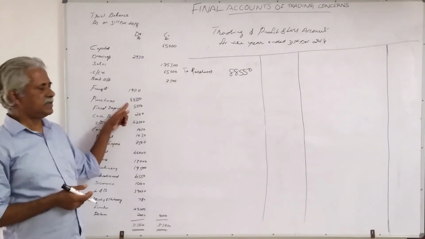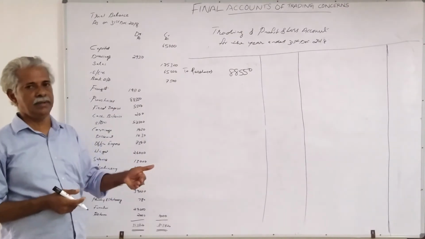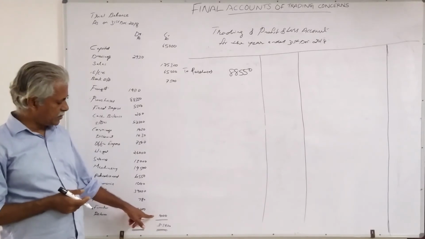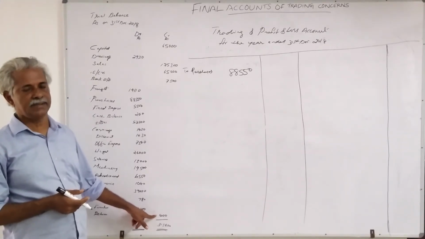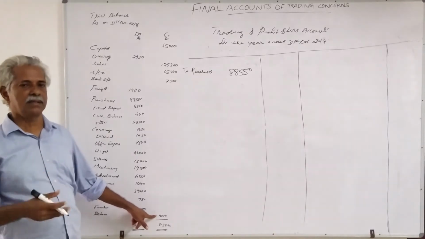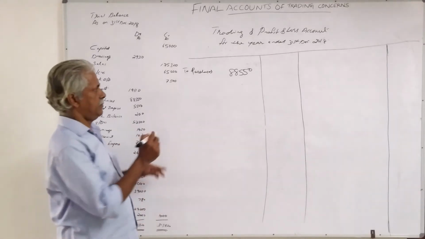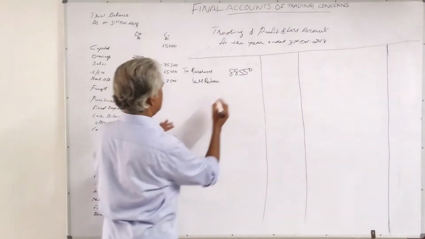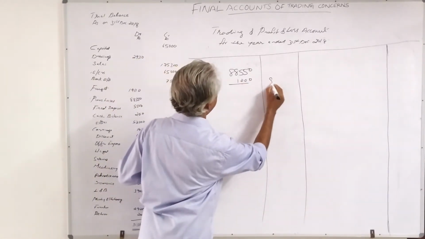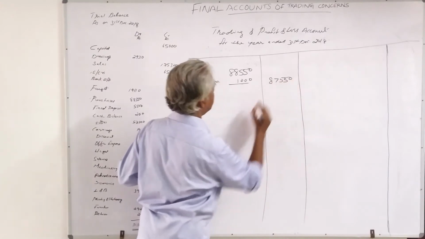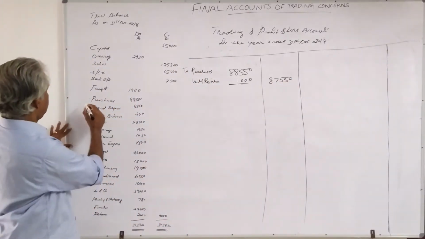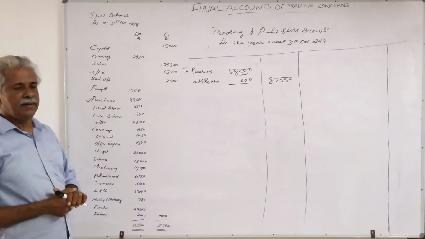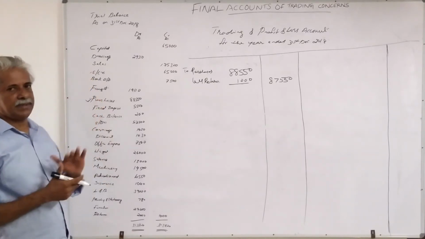If so, purchases returns is in the opposite direction. That means it will show a credit balance. Hence, rupees 1,000 here represents purchases returns or returns outwards. It must be subtracted. Less returns 1,000. The remaining figure is 87,550. Then you have to refer whether there are any direct expenses.